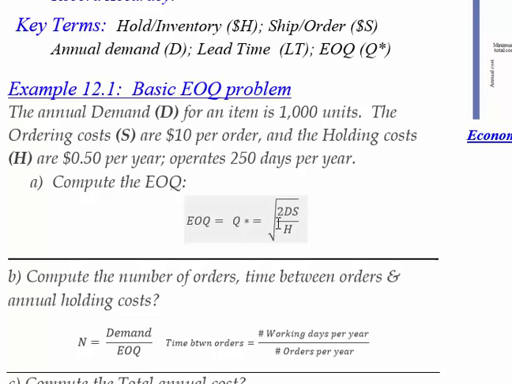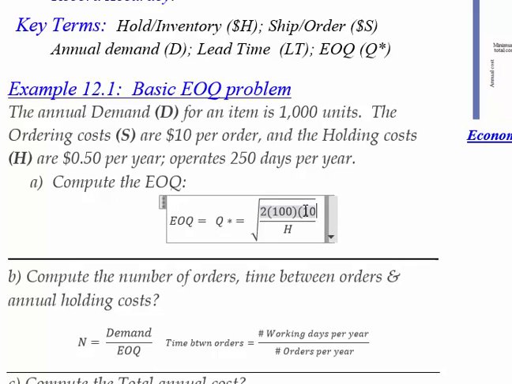So let's then go ahead and use this economic order quantity equation to put in those numbers, 1,000 here, and S is 10, and we're going to divide through by 50 cents, so 0.50. Oops, I left that H in there. And we know from class this is the square root of 40,000, or 200.